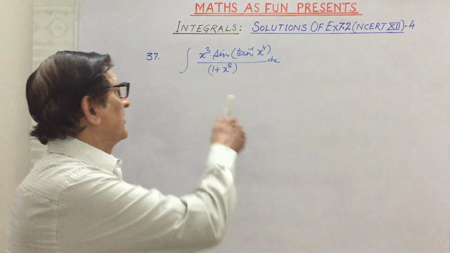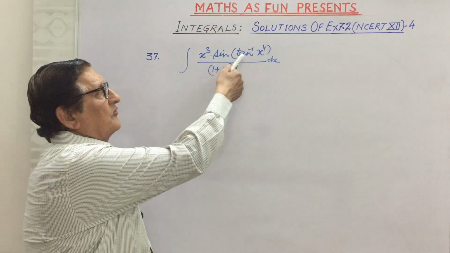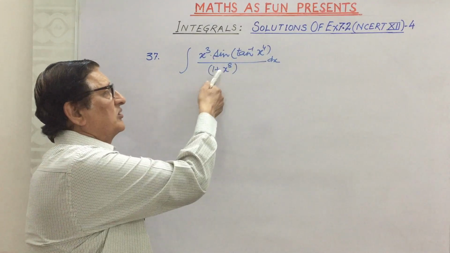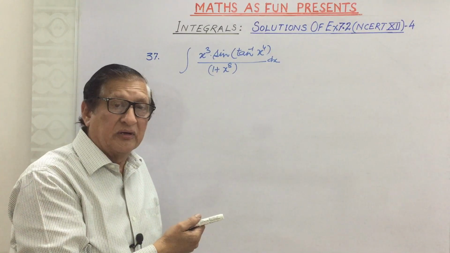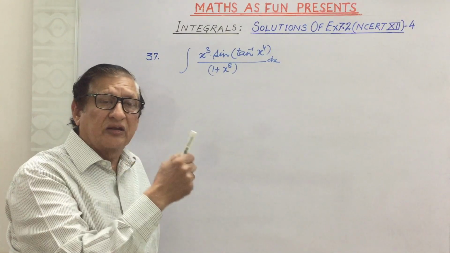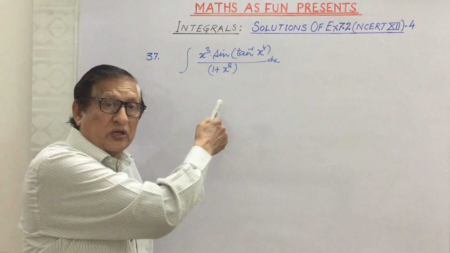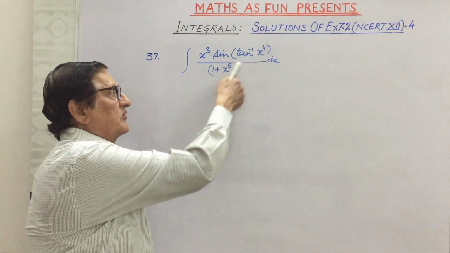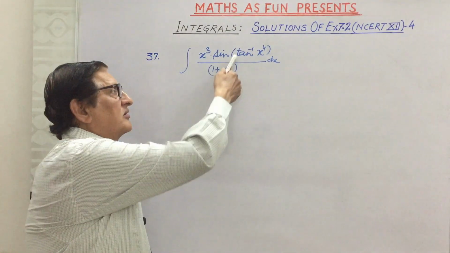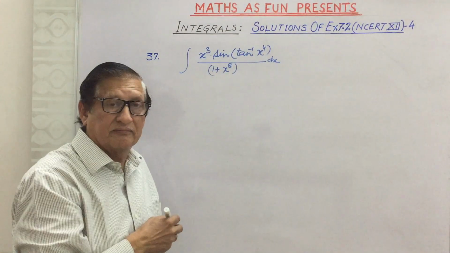37th question is the integral of x cube into sine of tan inverse x bar 4 upon 1 plus x bar 8. Here we have to remember that the derivative of tan inverse x is 1 upon 1 plus x square. It means if it is x bar 4, the square of x bar 4 is x bar 8. So we can consider this as t.